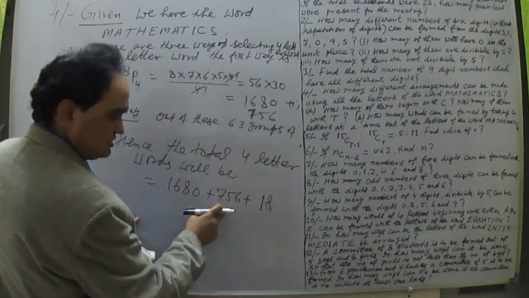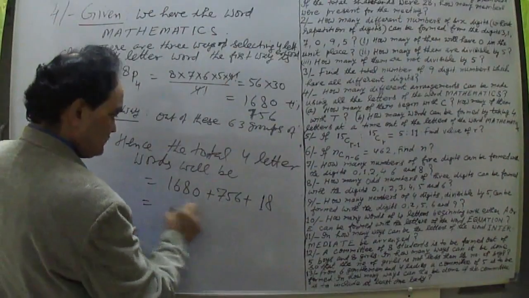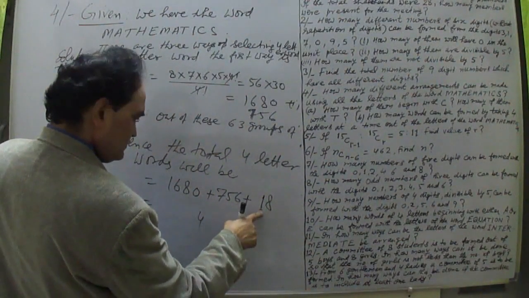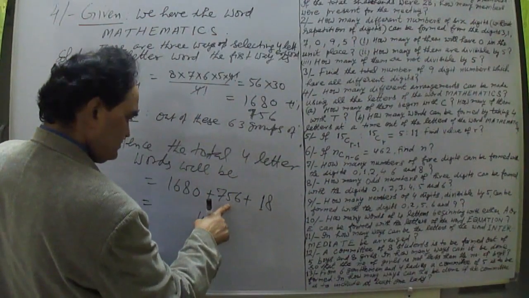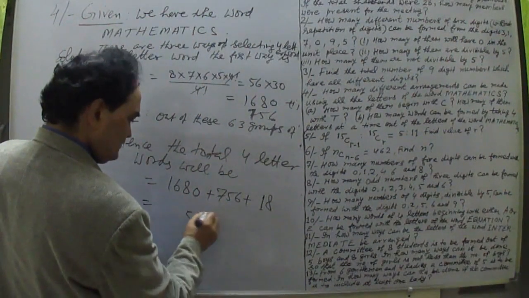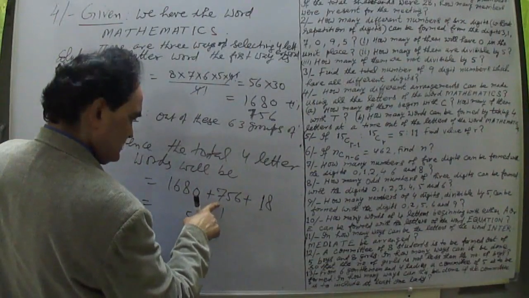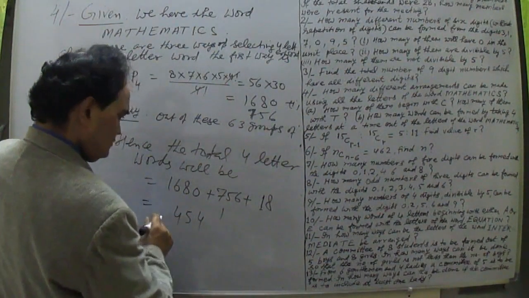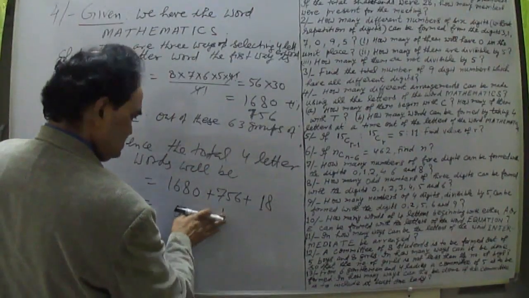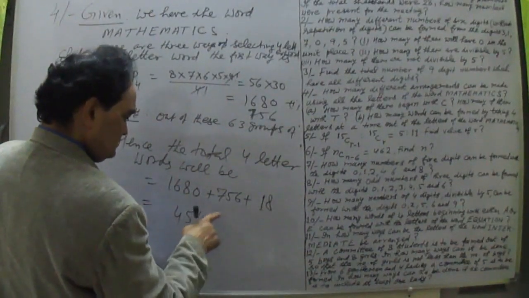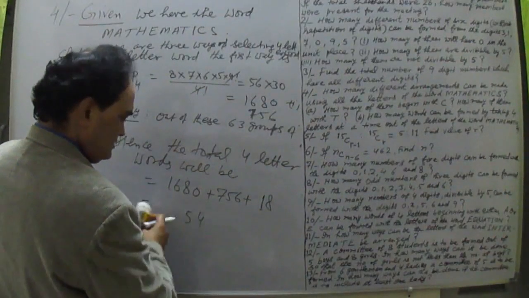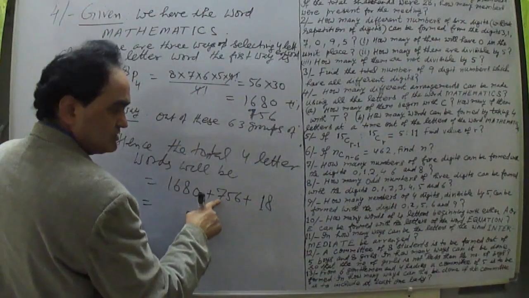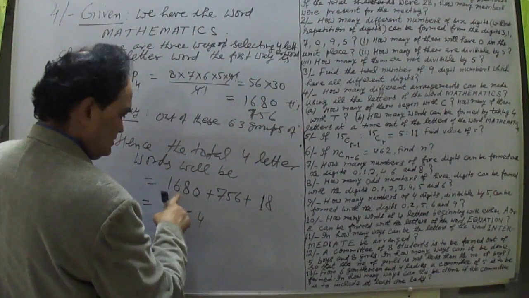Third kind, second kind, first kind. Total will be 8 plus 6, 14, 4, 1 carry, 1 plus 1, 2, 2 plus 5, 7, 7 plus 8, 15, 5, 1 carry.